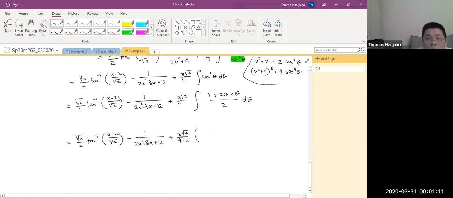That gives theta plus 1/2 sine 2 theta plus constant. Is it right?